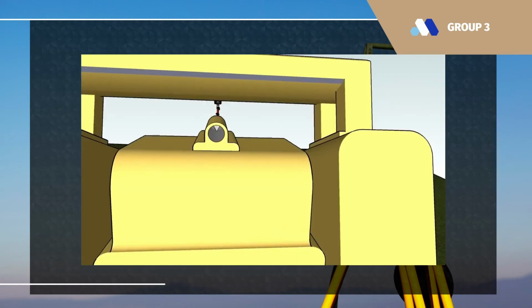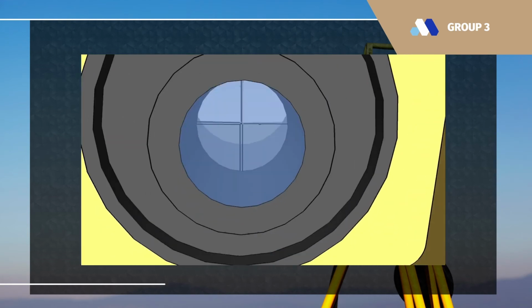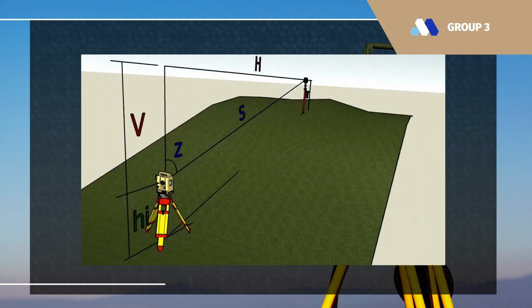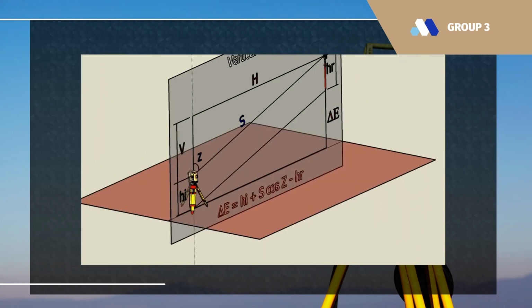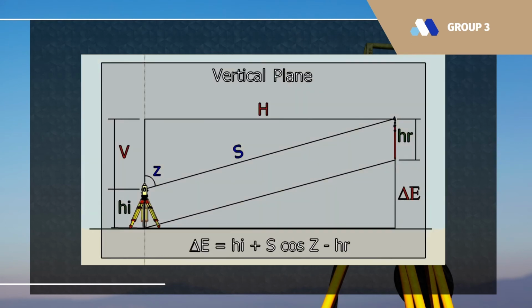The instrument is used to obtain the vertical angle. This video will give us a little glimpse of how this type of leveling looks. Finally, here is the 2D view where we can see the important measurements, which are HR, delta E, S, Z, H, V, and HI. But don't worry, we will be talking about that more later.